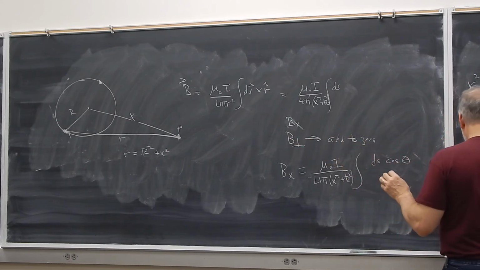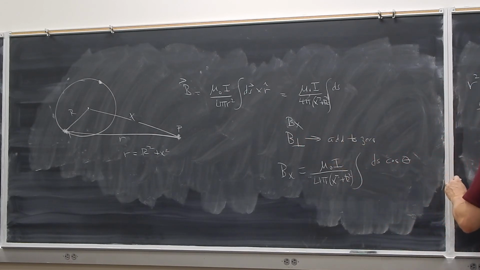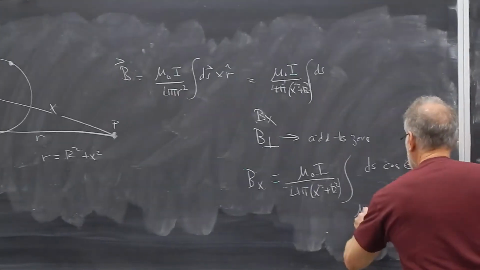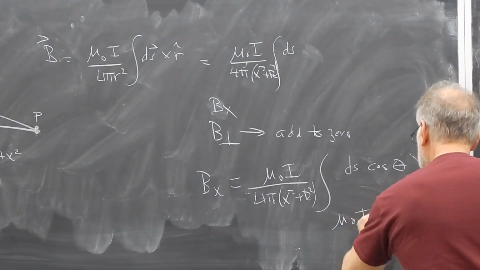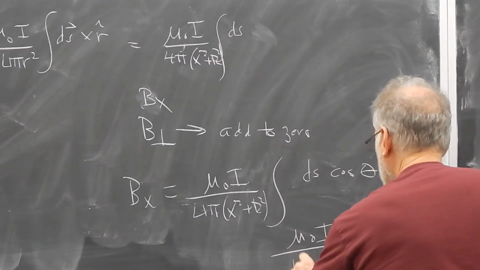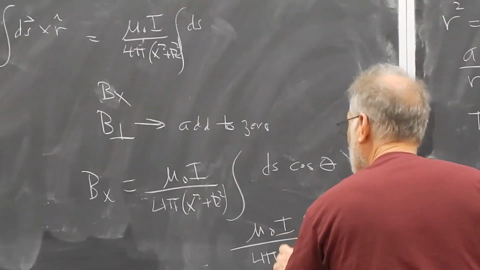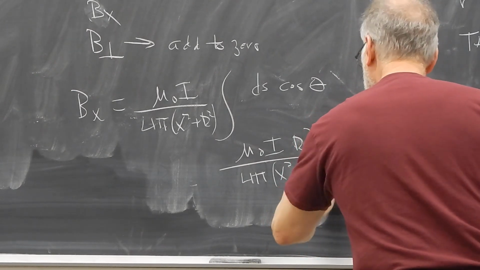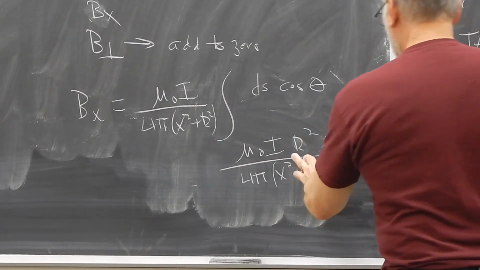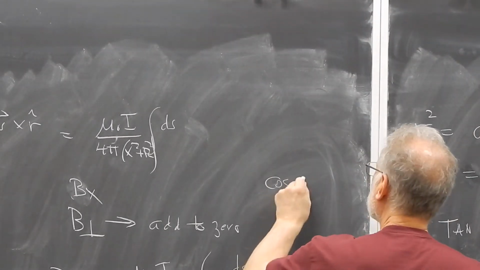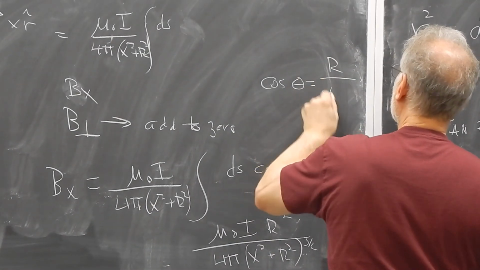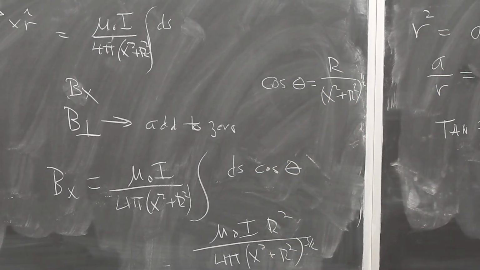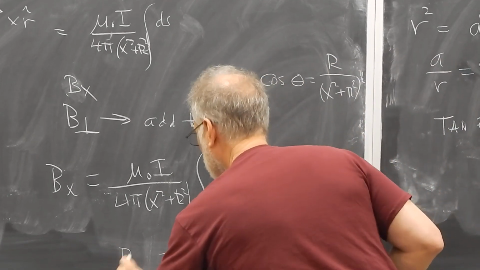Therefore, immediately, I'm going to get that my field is equal to mu naught times I times R squared over 4 pi, over x squared plus r squared to the 3/2, where I have written cosine theta as r over x squared plus r squared to the 1/2. So that is my magnetic field.